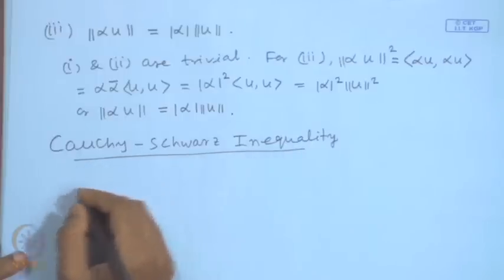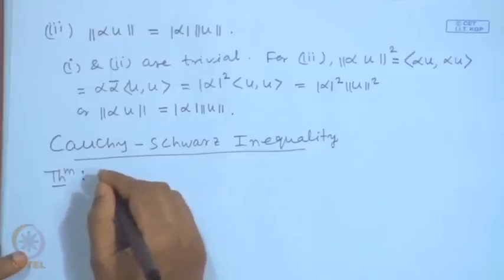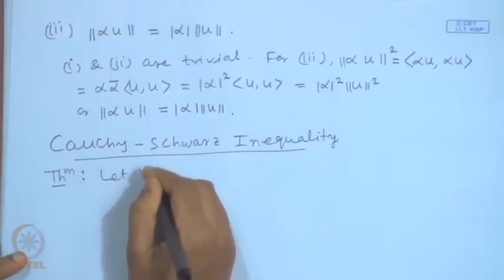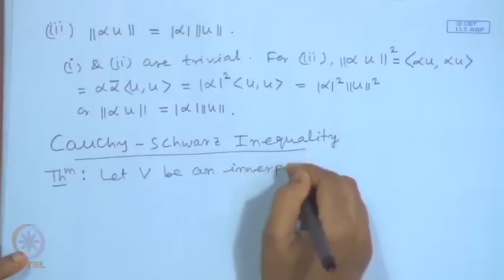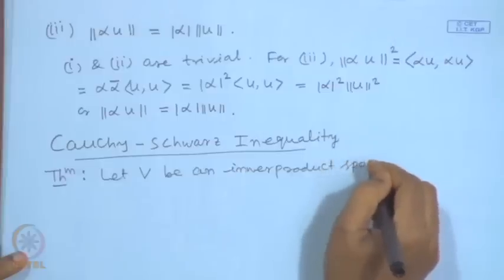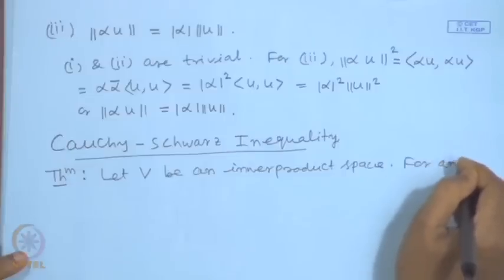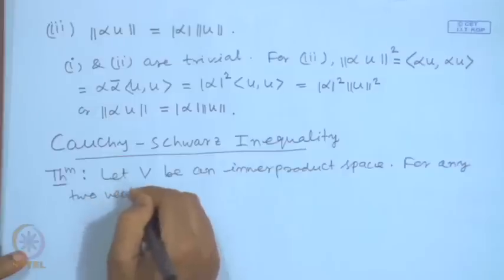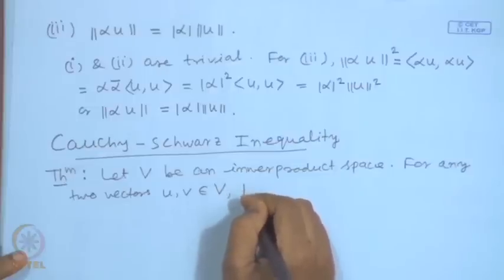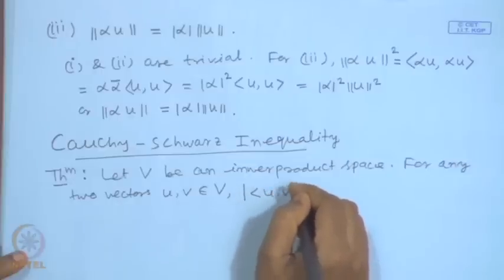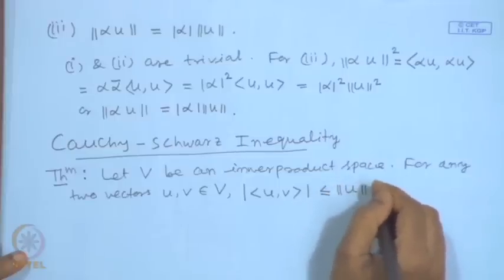It states that, considering again V an inner product space, for any two vectors u, v in V, the absolute value of inner product of u v is less than or equal to norm of u times norm of v.